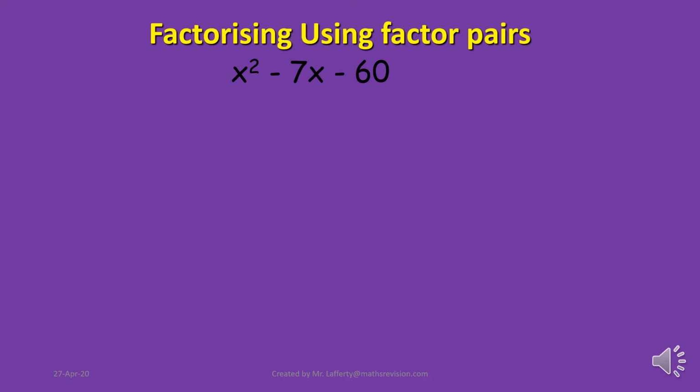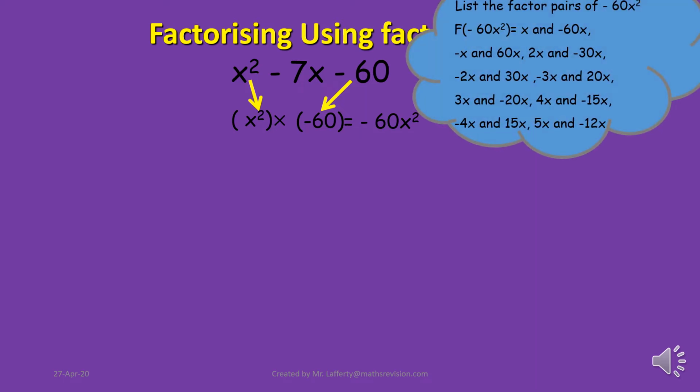So step 1, we arrange them in order, and this trinomial is already ordered for us. Then step 2, we check if there is a common factor, and here there is none. Step 3, we take the first term and the third term, multiply them, and get the product.